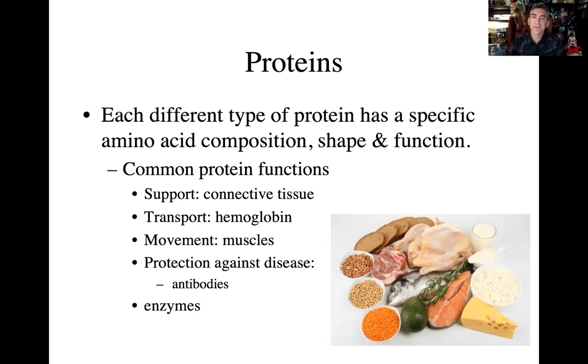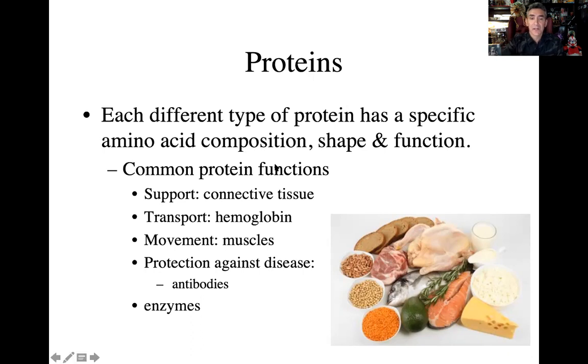So there's going to be different families of proteins. These different families are going to have different amino acid compositions. The different families of proteins will have different shapes, and they're going to have different shapes which allow them to undergo different functions in the body.